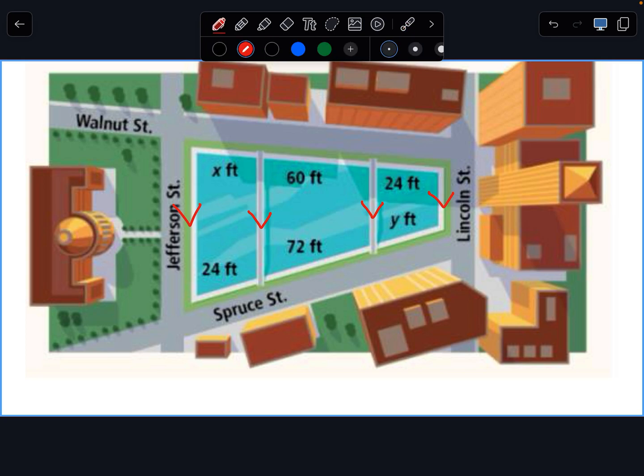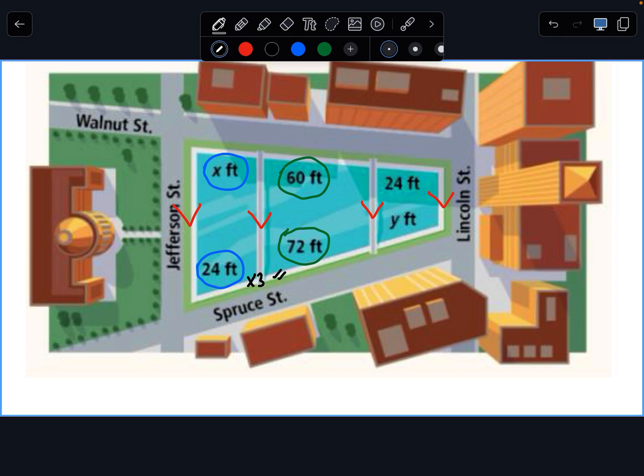And so what that means is, whatever the relationship between 24 and 72 is, I have to have that same relationship between X and 60. Well, in this case, I can see the relationship very clearly. 24 times 3 gives me 72.